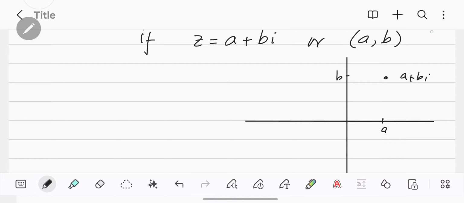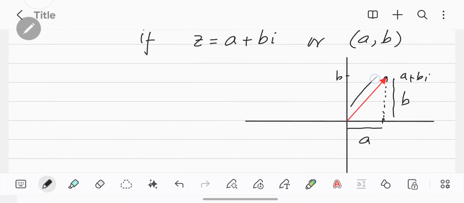This is point b. If I draw a vector joining this point and the origin, then I can easily find the modulus. Okay, so how can I find the modulus? First of all, I will draw this triangle. In this triangle, this distance is a and this distance is b. This perpendicular distance is b.